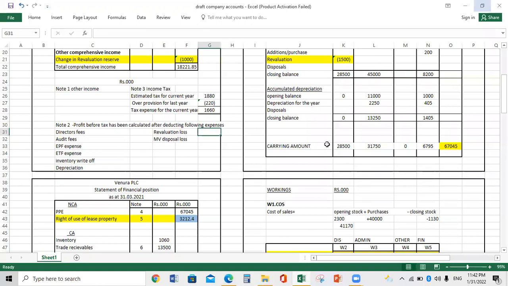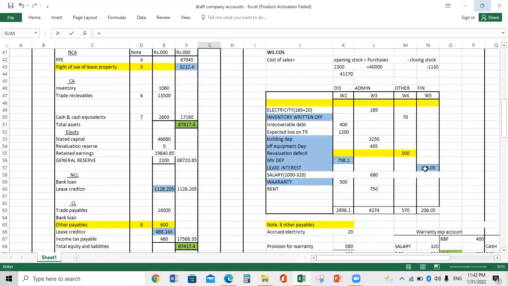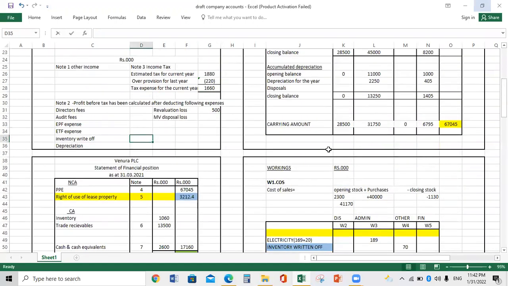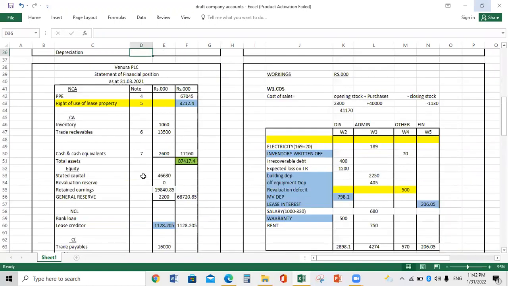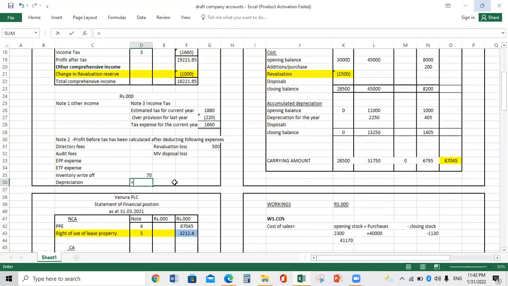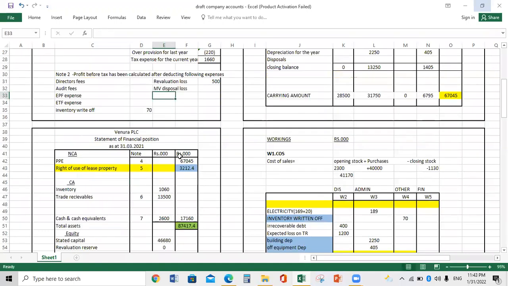Yeah, let's quickly record it, guys. Revaluation loss is how much? 500. Okay. Inventory written off is how much? 70. What else? Depreciation, you should put the total, okay? When you're finding the depreciation, maybe you can divide as non-lease and lease asset. That is not a problem. Okay, without depreciation, let's write the others, finish it off.